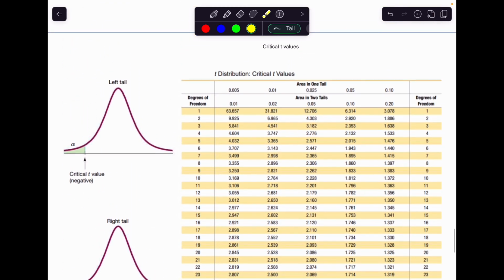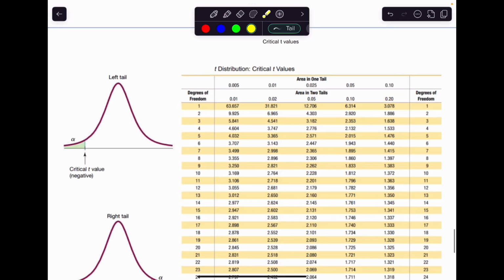So in the case, if you want the area in 2 tails, this would correspond to that 99% confidence interval. This would be 98%. This is 95%, 90%. And then finally, this last one is a 20% confidence interval. So say you have 10 pieces of data, that means your degrees of freedom is 9.